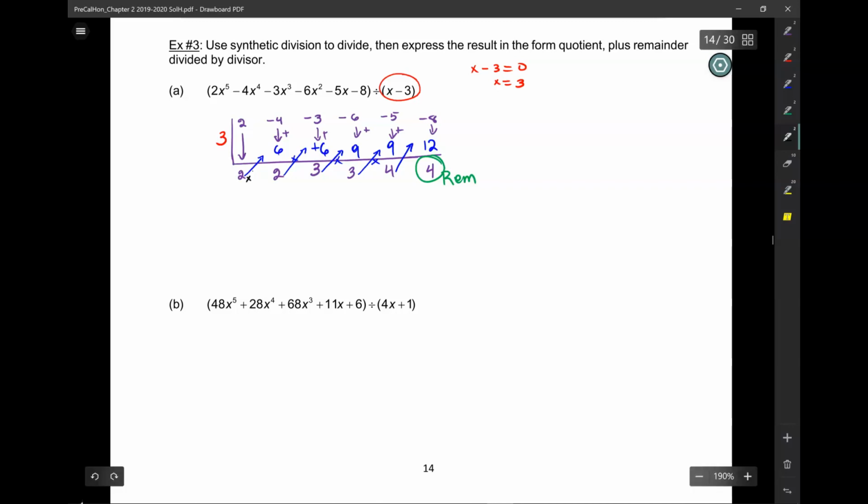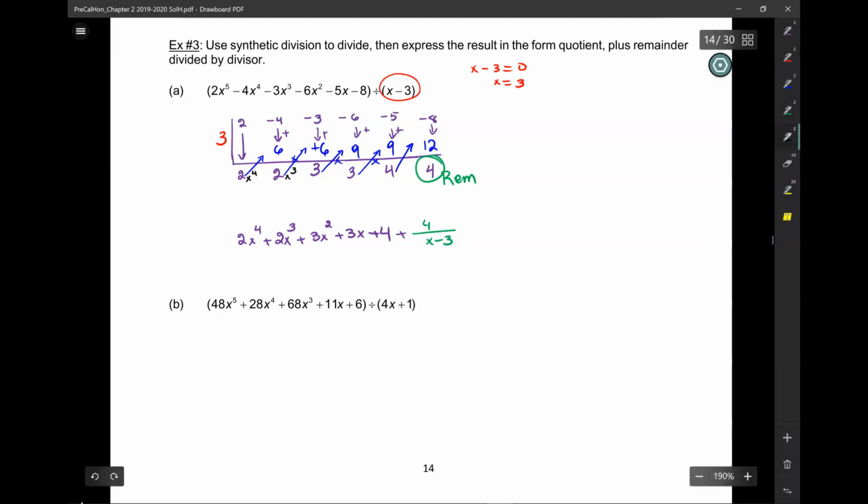Okay? So here we get x to the 4, x cubed, and so on. So this is going to be 2x to the 4 plus 2x cubed plus 3x squared, 3x plus 4, plus the remainder over x minus 3, just like before.